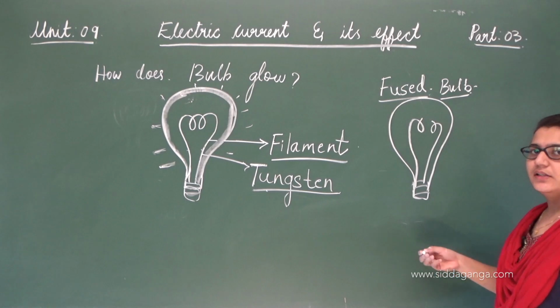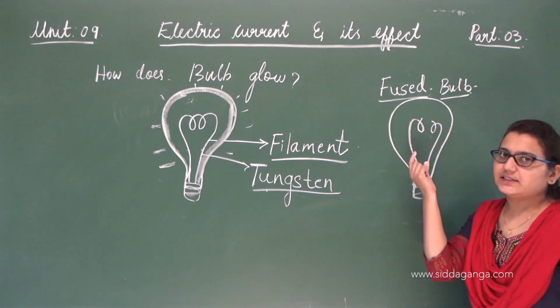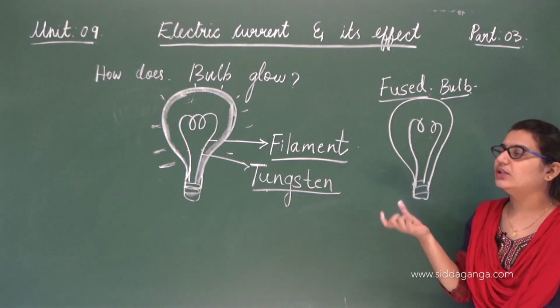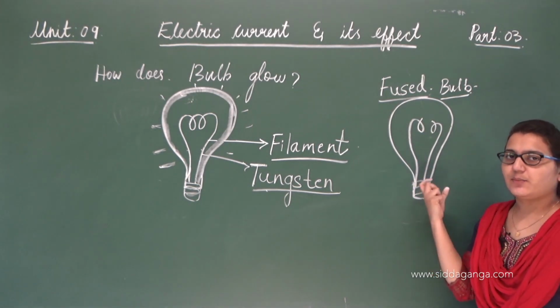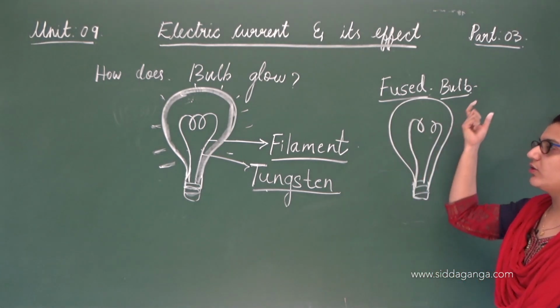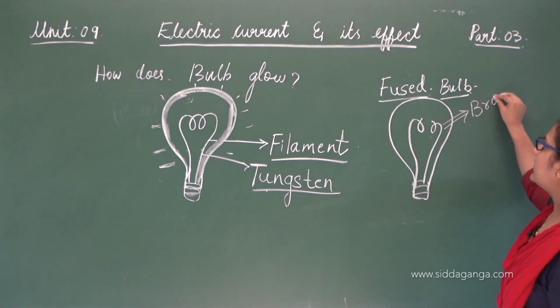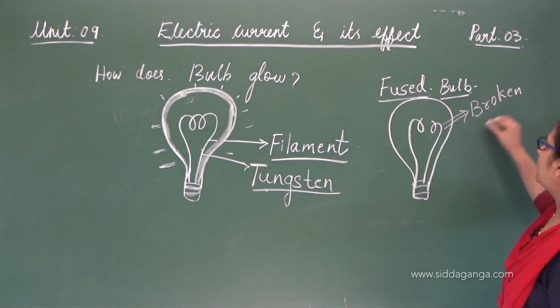Here you can see a broken filament, right? The filament inside this bulb is broken. This type of bulb, in which the filament is broken, is what we call a fused bulb. Fused bulb means it has a broken filament.